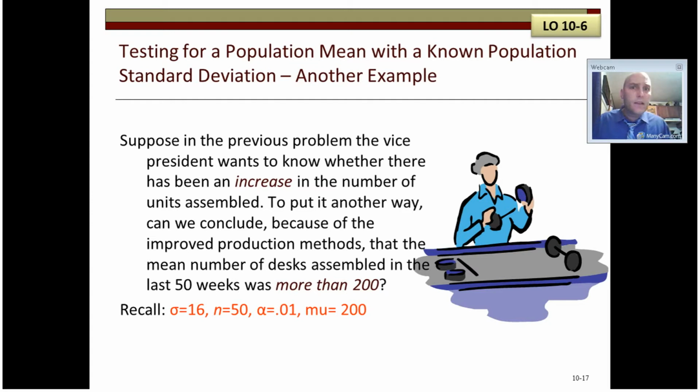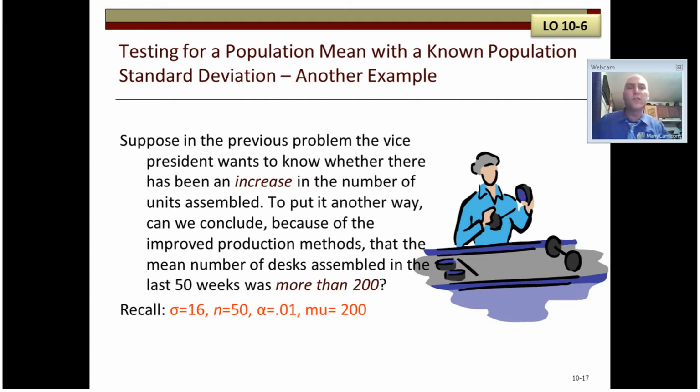Let's take another example this time. We're still going to be making desks. Apparently, they look like skateboards. But let's say that the vice president, instead of saying, has there been a change in the number of desks produced? Has there been an increase? I am a good vice president. Therefore, if I make changes, I assume that they must cause an increase in the number of desks being made.